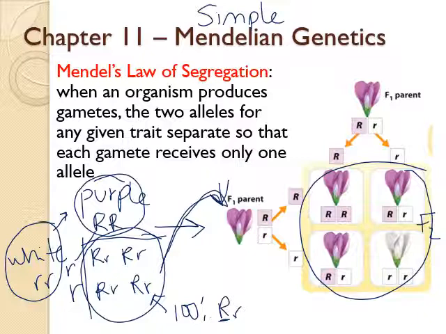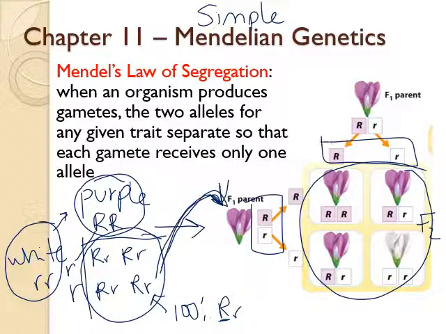And then you can also pretty much automatically tell me if I take that F1 offspring and I cross one from each, I know I have 100% heterozygotes, so basically if I'm crossing two heterozygotes, here are my odds. So I have a 25% chance of having a homozygous dominant, a 50% chance of a heterozygote, and a 25% chance of a homozygous recessive.